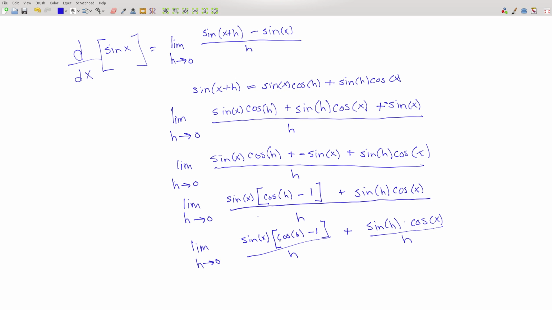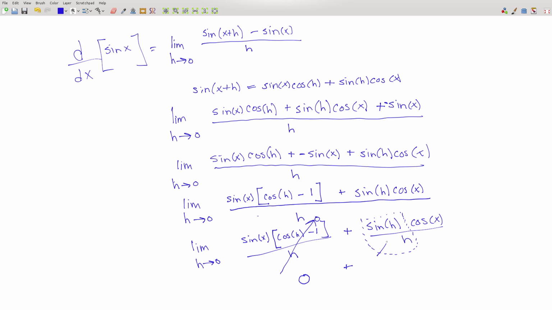In a previous video, we showed that the limit as h goes to 0 of the cosine of h minus 1 over h goes to 0. So it'll be the sine of x times 0, and that'll just be 0. Plus, take a look at this part: the limit as h goes to 0 of the sine of h over h.